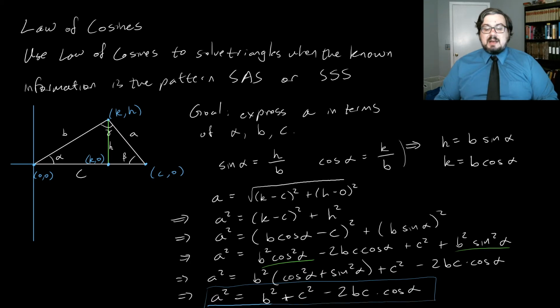But this is how we derive the formula that we're about to use, and it allows us to find a when all we know are the other two sides of the triangle and the angle opposite it. This is also going to allow us to solve triangles where all we know are the three sides, because if we know a, b, and c, we can use this in order to find alpha.